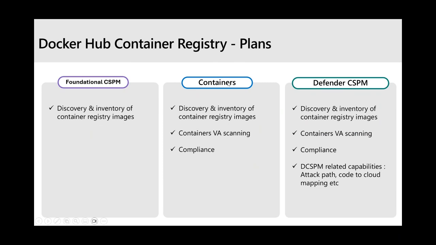With the Defender for Containers plan, you're also able to get vulnerability scanning for those images in Docker Hub, as well as apply any regulatory compliance standards. And with Defender CSPM, you also get additional Defender CSPM capabilities, which include the attack paths, the internet exposure analysis, governance rules, custom recommendations, etc.